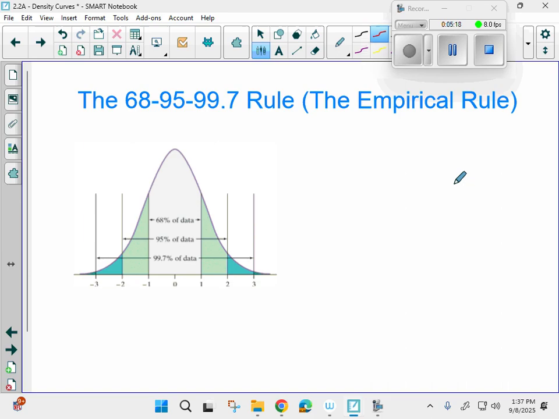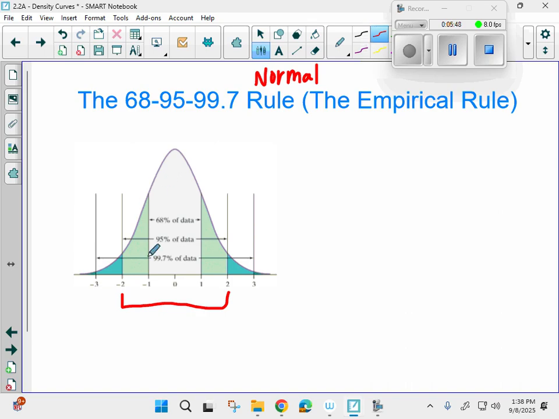All right. Now, if the curve is normal, so this is only for a normal distribution or an approximately normal, it's fine, okay? 68% of the data always falls within 1 standard deviation of the mean, okay? And then 95% of the data falls within 2 standard deviations of the mean.